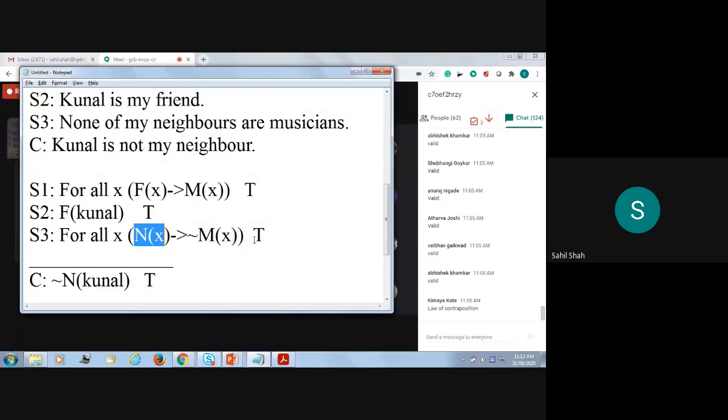In order to have this as true, we are observing that this is the negation of M of x. So I should have here false: M of x should be false so that its negation will come true, and I will have this entire set as true. So finally, I reach the conclusion that Kunal is not my neighbor is true using contradiction and simplification.